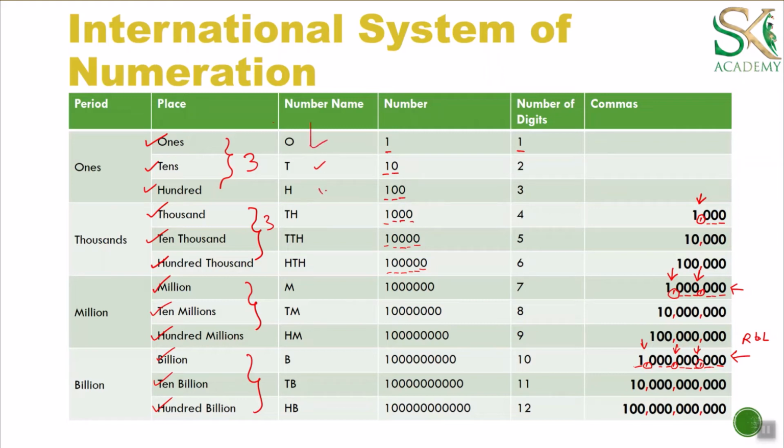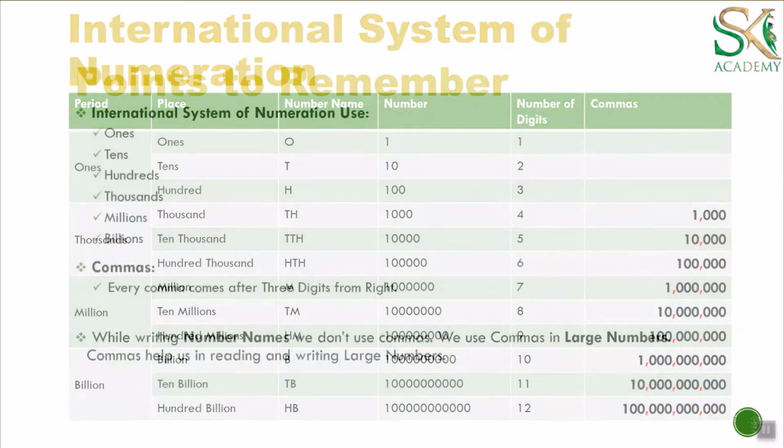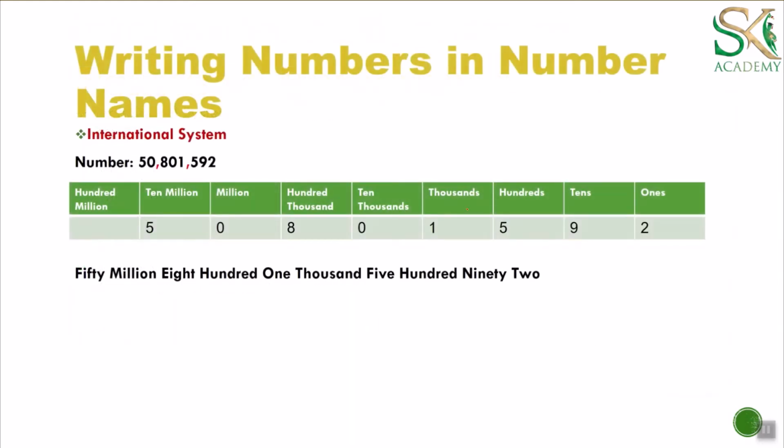Now hundreds, thousands, 10,000s, 100,000s, million, 10 million, 100 million. When you write a placement box, first you need to write ones, then tens, then hundreds, then thousands, 10,000s, 100,000s, million, 10 million, and 100 million, right?